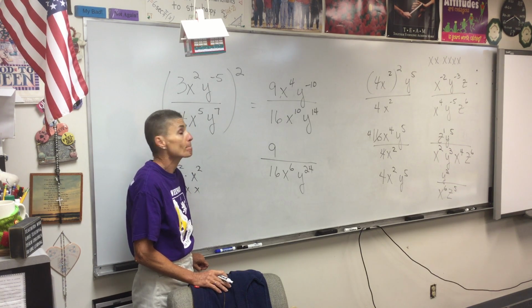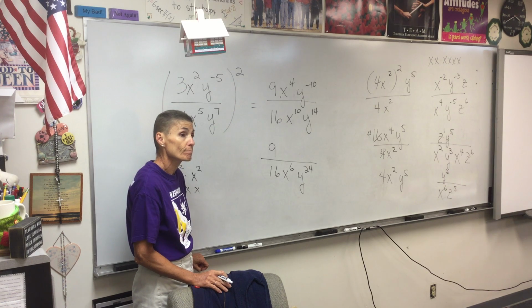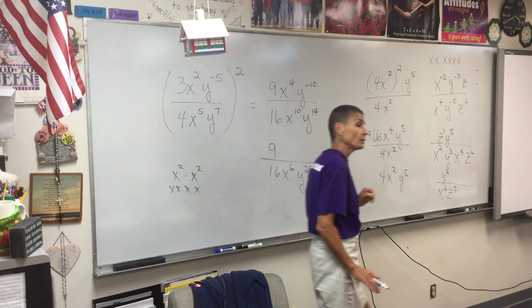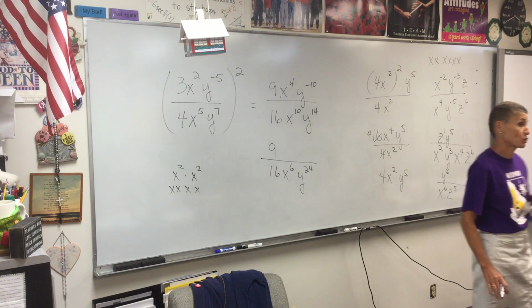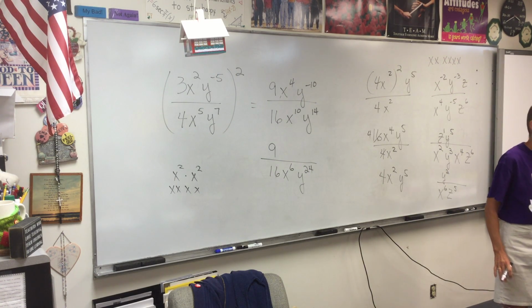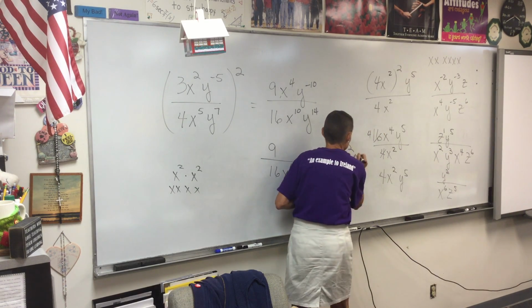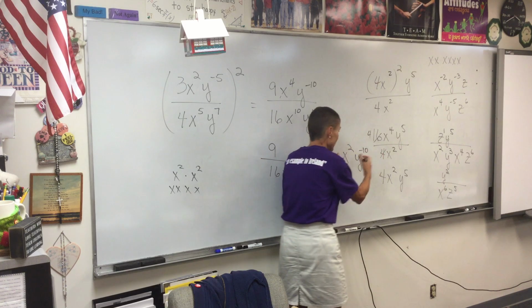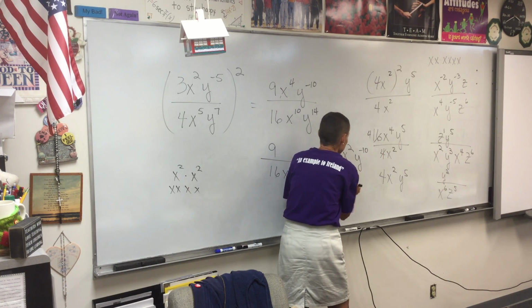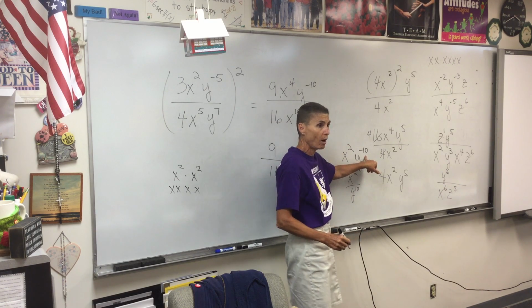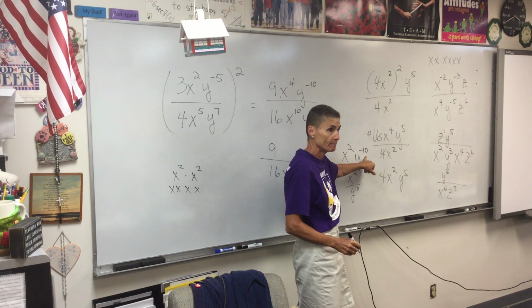Since the y is to a negative 10, why wouldn't you flip the fraction like we did before? Great question. We only flip what is attached to the negative exponent. So if this were x squared y to the negative 10th, I'm just making up a smaller problem, that would be x squared over y to the 10th, because only the y has the negative exponent.